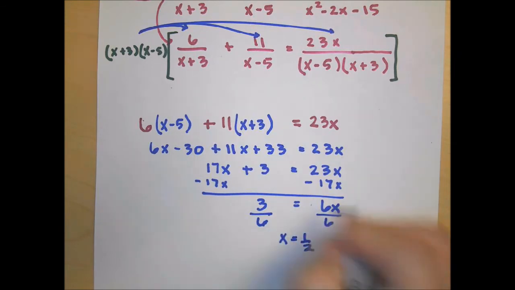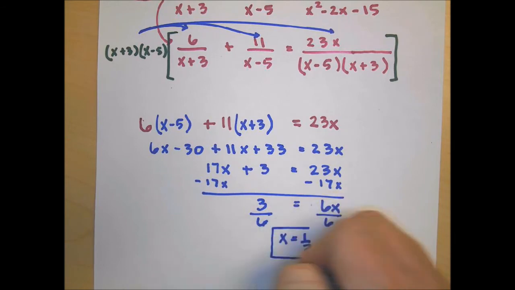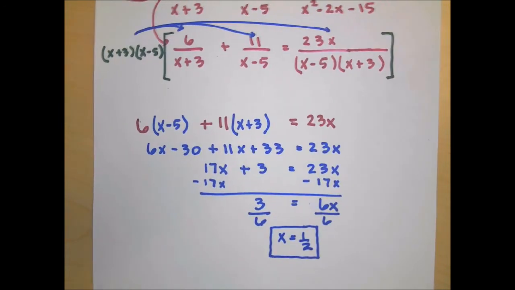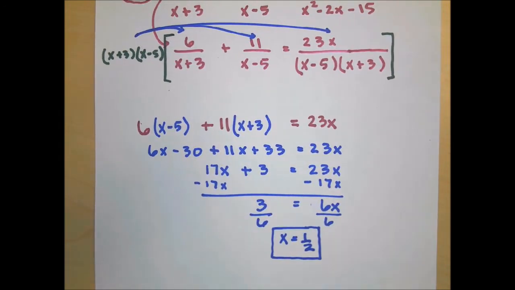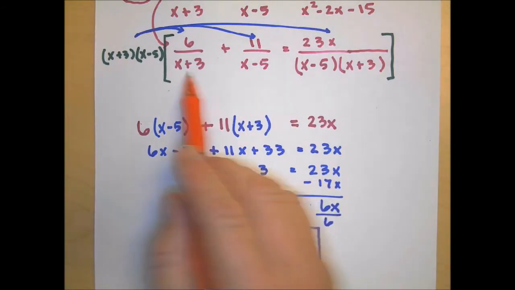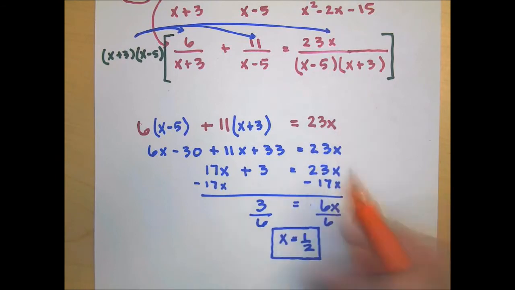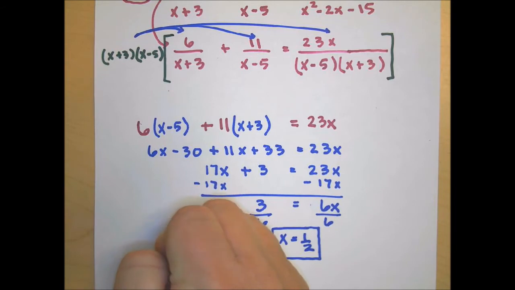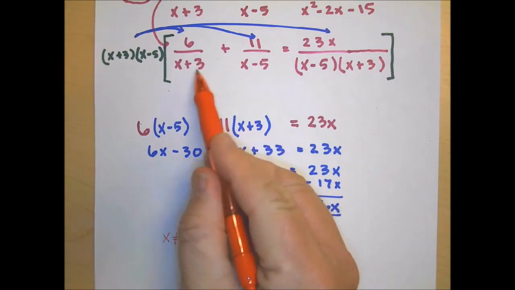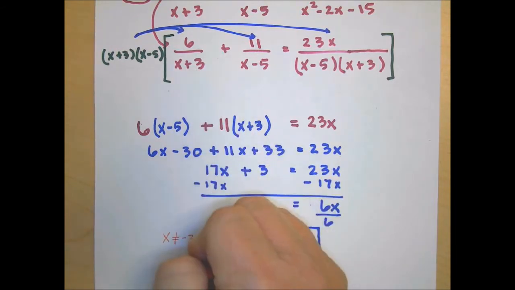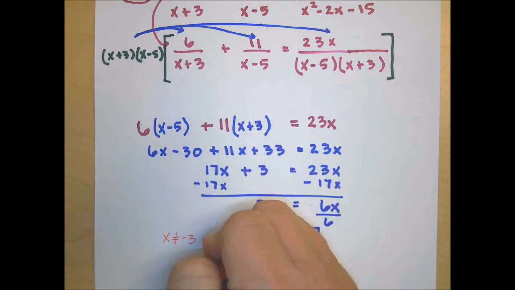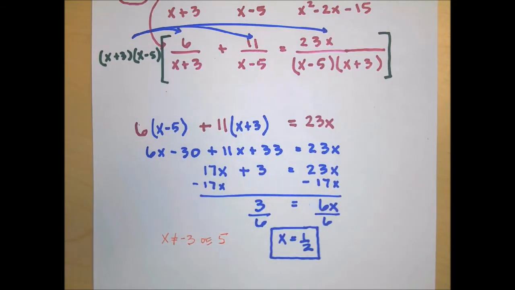Okay. Now, the one thing I would do is I would go back to the beginning of this problem and check for any extraneous solutions or restricted values. If you go back and you look at the factored form of the problem, we know that x cannot equal negative 3 because that would produce a 0 right there, or positive 5 because that would produce a 0 also.